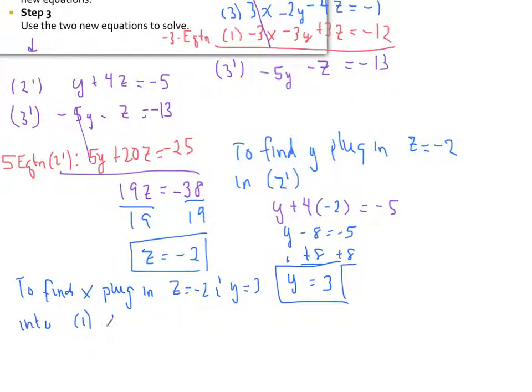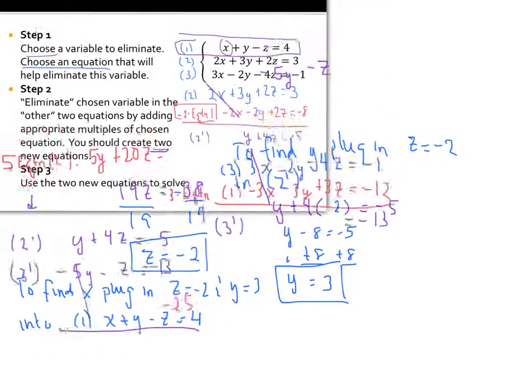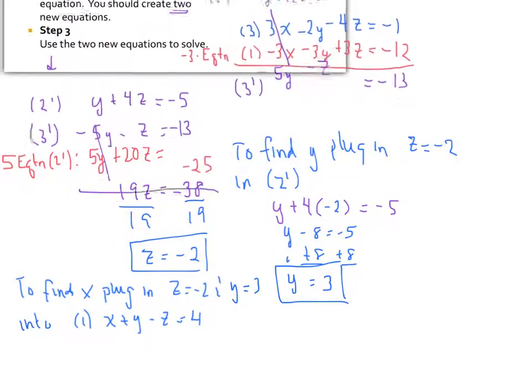And 1 is x plus y minus z equals 4. I'm going to check again just to make sure that I wrote it down right. So x plus y minus z equals 4. Good. So far, so good.